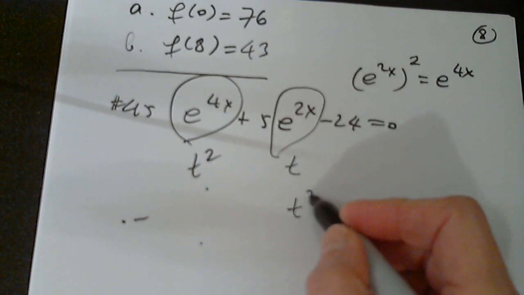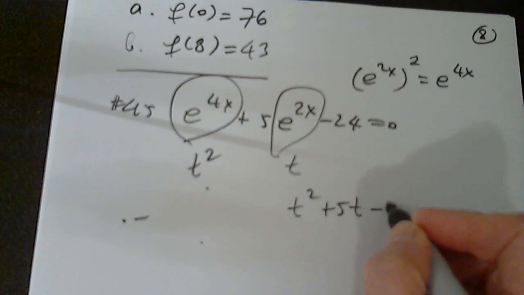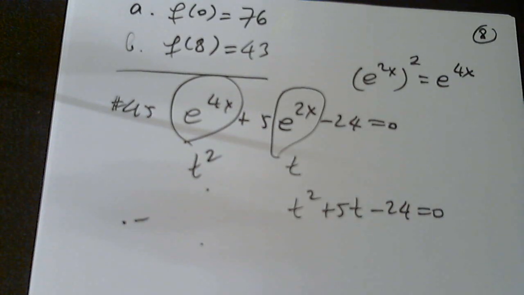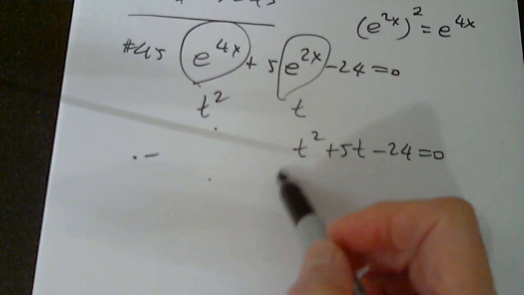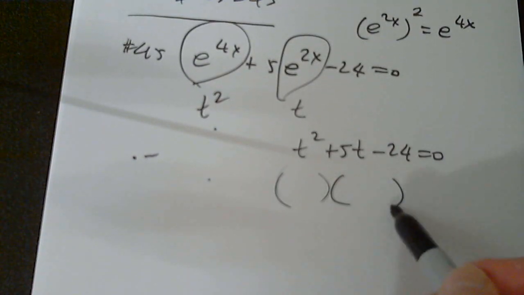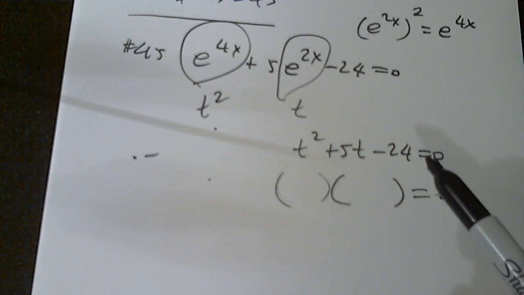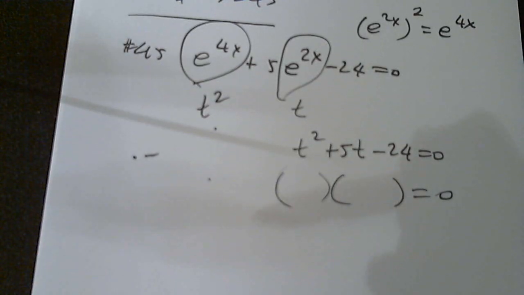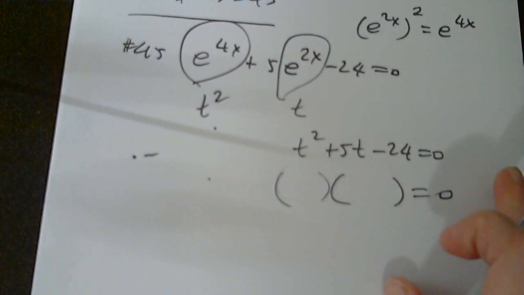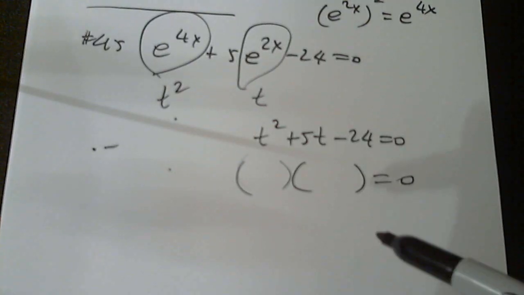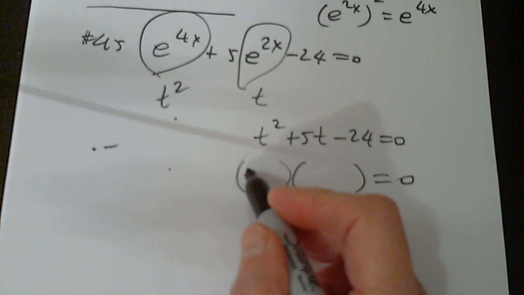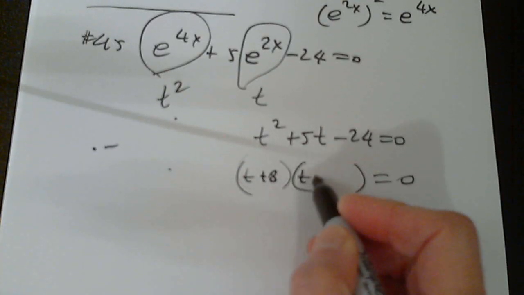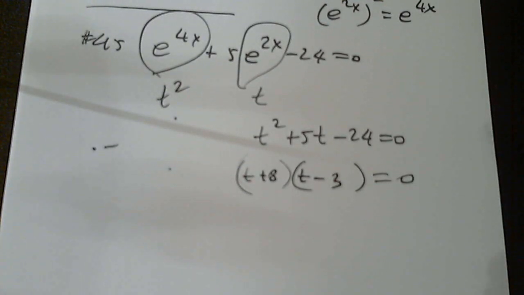So then the equation is t squared plus 5t minus 24 equals 0. So it is easy to factor. If you have difficulties with that, you use the apps and the polynomial root finder feature. But this is t plus 8 and t minus 3.